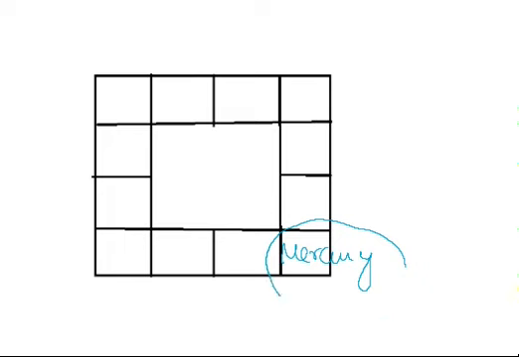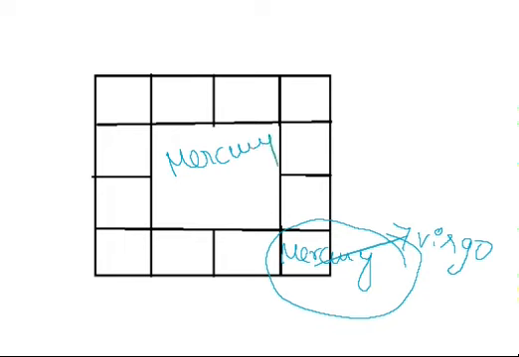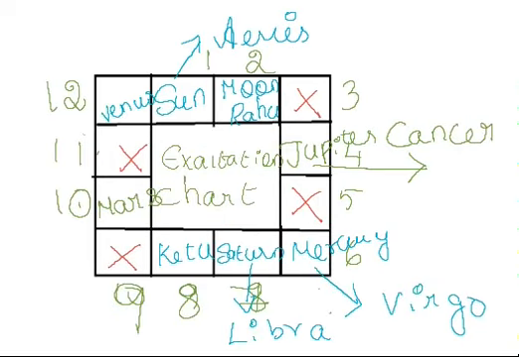If Mercury is present in this house, that is the Virgo house, then we will call this a Mercury exalted chart. That means in this horoscope, Mercury is the strongest planet. We can say Mercury will provide an auspicious result for this person. In that way we have to consider. So only it is called an exalted chart.